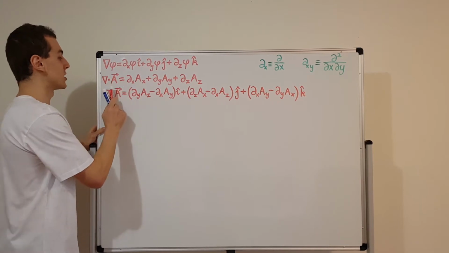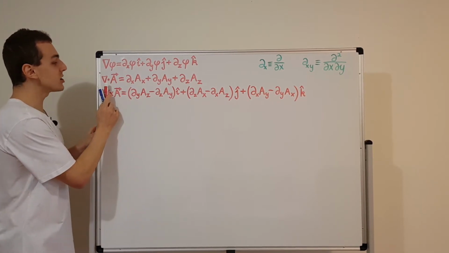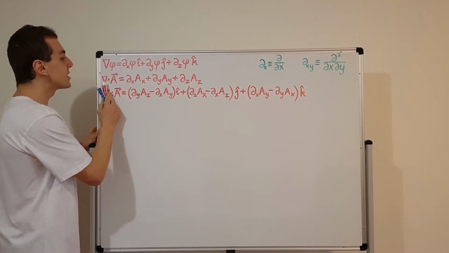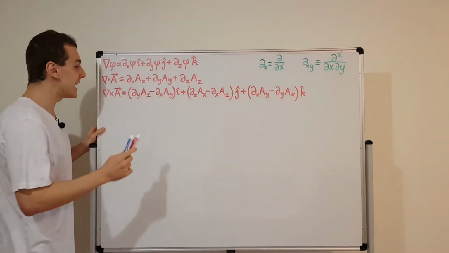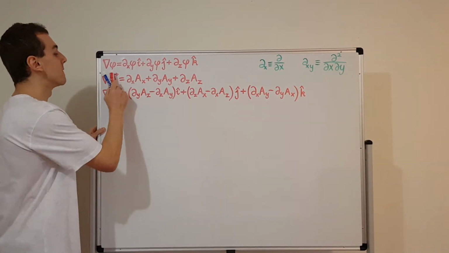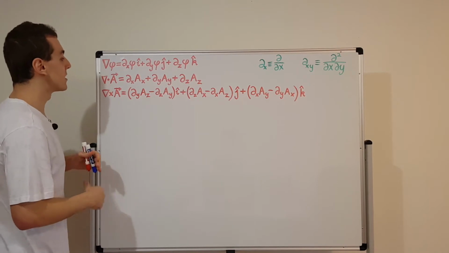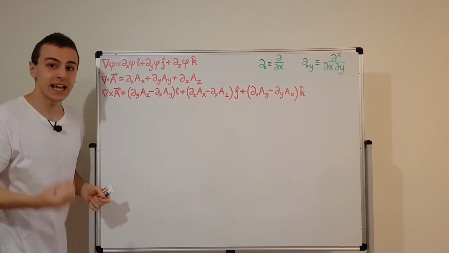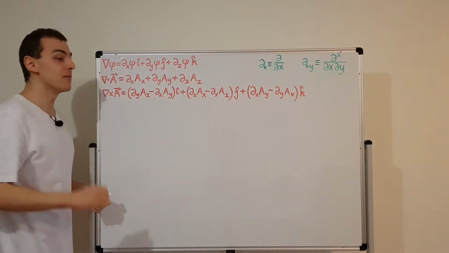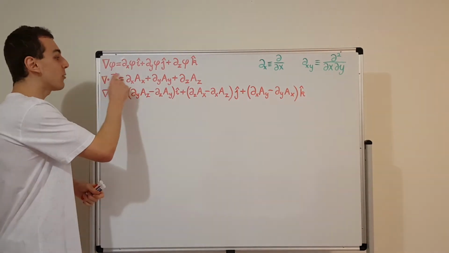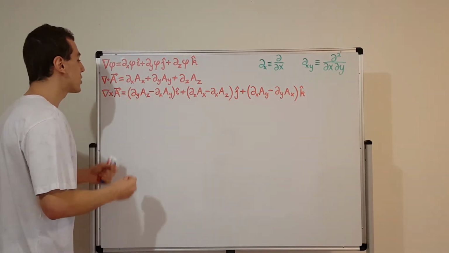And you can see the same symbol is used down over here. This is the divergence. And the divergence doesn't just have the del operator next to some scalar field. Instead, it has the dot product with some vector field. So here is the difference. Phi is a scalar field, but A is a vector field. That's why I've written an arrow above to denote that it is a vector quantity.